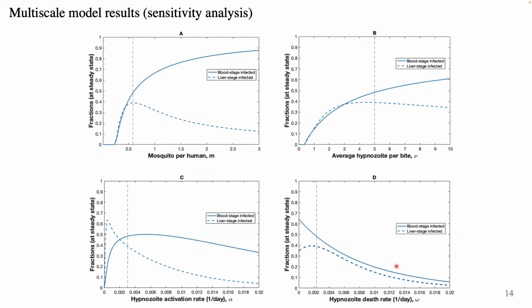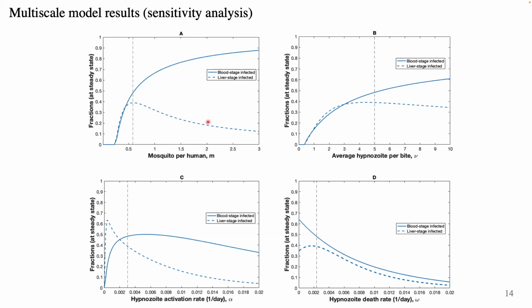For the mosquito number and the average hypnozoite size per bite, if both increase, meaning there are too many mosquitoes in a region, more individuals will become blood stage infected. That's why it increases monotonically and reaches 1.